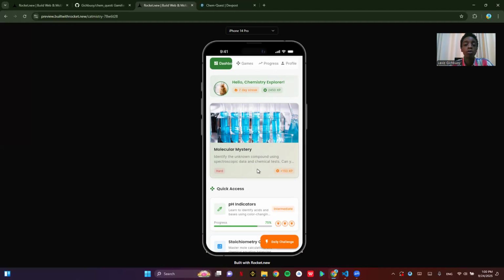And also we plan to integrate all the STEM subjects, including science like this one, mathematics, technical, and engineering.